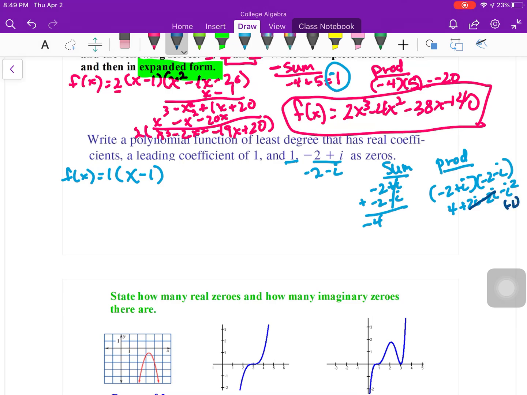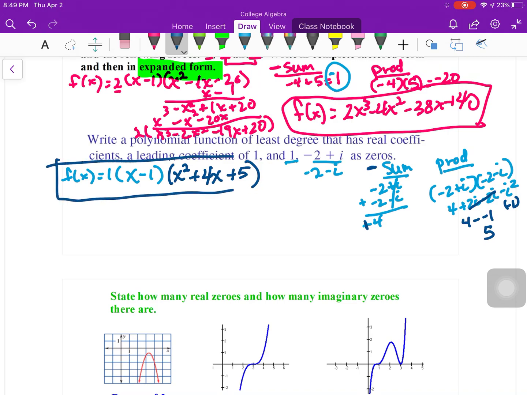So this drops out. i squared gets replaced with a -1. So I have 4 minus a -1, which is 5. Again, back here, remember I need opposite the sum. So this -4 is going to turn to a positive 4. So this gives me the square x squared plus 4x plus 5. And this would be a factored form.